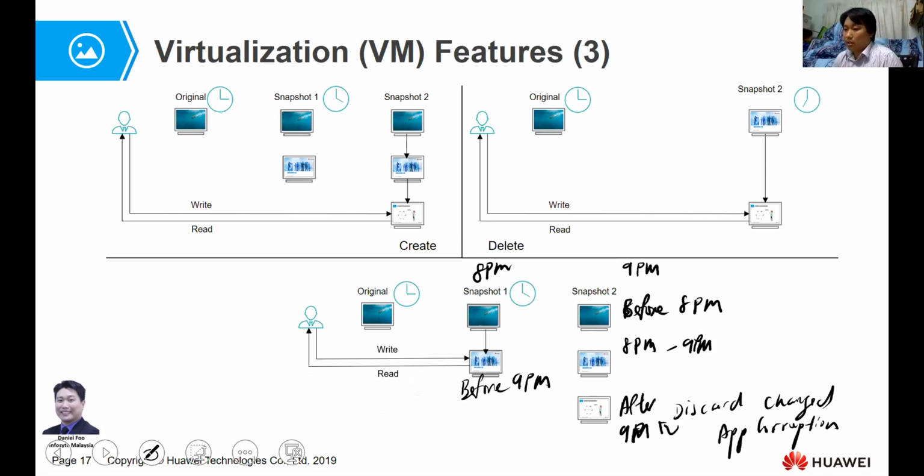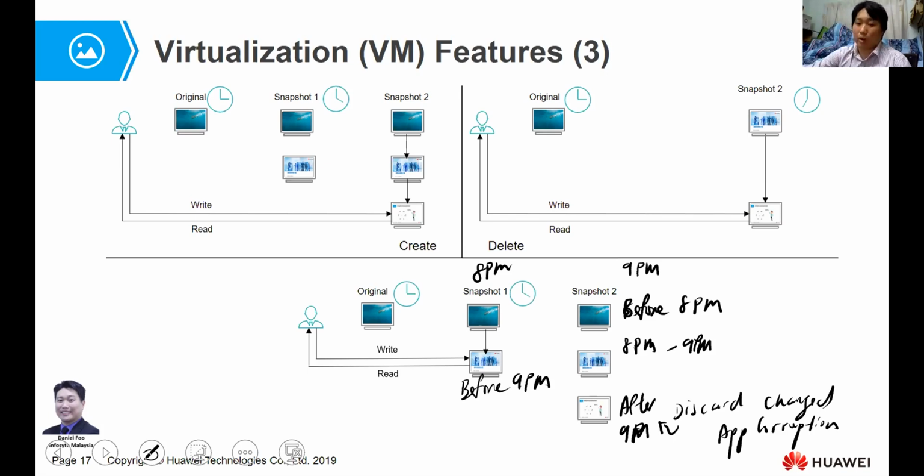This is pretty useful, especially when you're planning to do an operating system or application upgrade. You can utilize a snapshot to protect your data temporarily. If anything happens after you do the upgrade, you can always roll back to a different point in time of your data set. Now, all this delta will eat up more space in your data store.